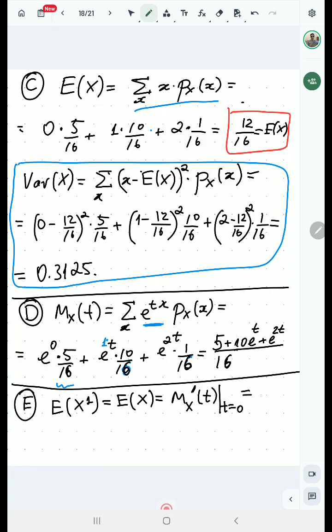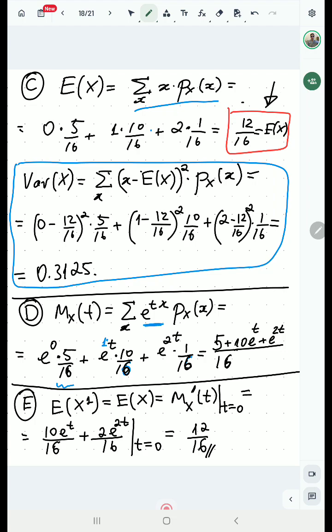The derivative of this is going to be equal to 10 e to the power t over 16 plus 2 e to the power 2t over 16. If you evaluate it at t equals 0, you receive 12/16, which is exactly the same thing that we received for the expectation here.